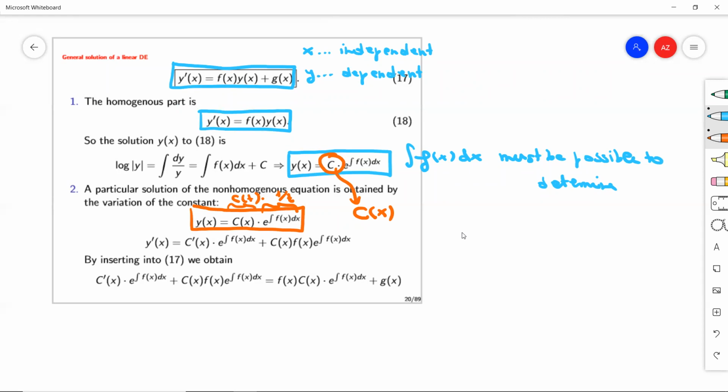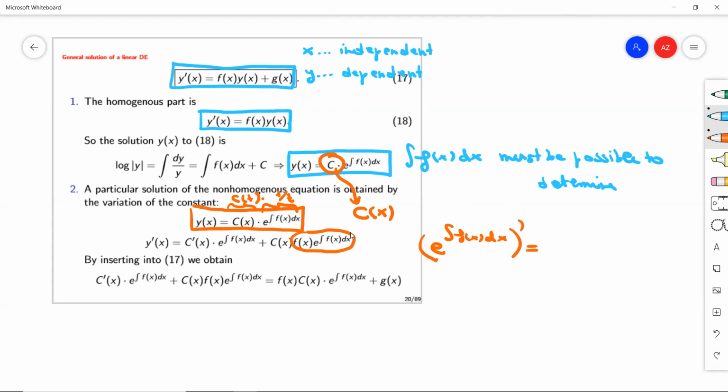So when we take the derivative with respect to x, we get c prime times this function plus c times the derivative of this function. So here, to compute the derivative of this function, we had e to the power of integral f of x dx, and we took the derivative.